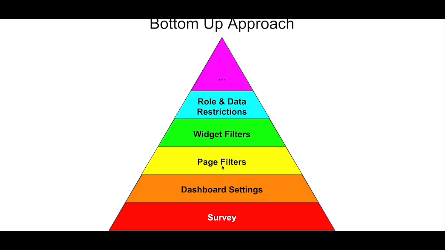Then after that, next week, we'll go over page filters, widget filters, and role and data restrictions so that you can go up this hierarchy and fix any dashboard problems that pop up in the future, so that in the 1% of scenarios where it's not one of these, Qualtrics support can step in, send it to our engineering team for a second look, and then you'll be good to go.